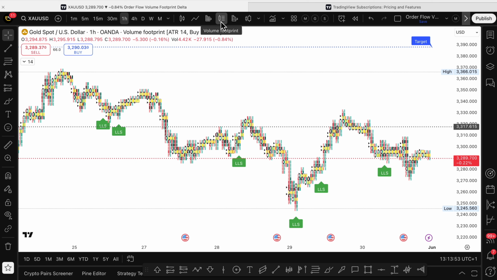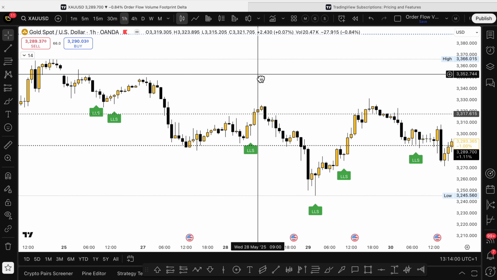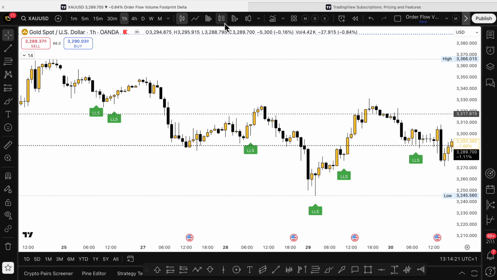Now, before we get started on this, I'm going to switch to what 90% of people use. A flat, naked candle chart. And the 90% of people that use this are probably the 90% of people that fail. The 5-10% of people that are profitable at trading are using other tools, not necessarily the volume footprint.